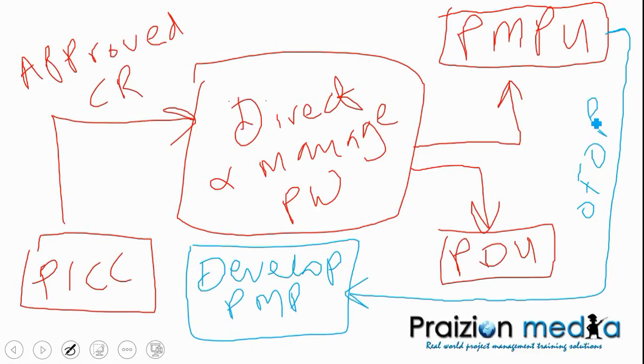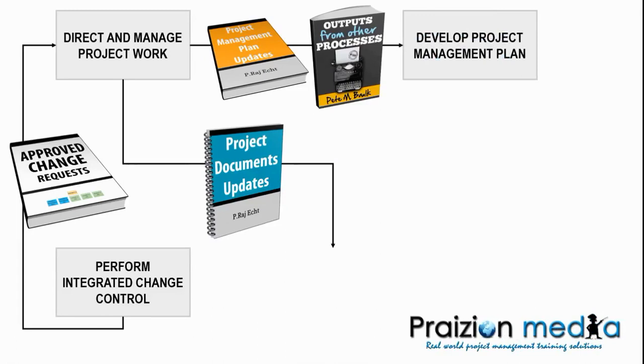I've just named it OFOP. So outputs from other processes, right, which consists of these project management plan updates, goes to develop project management plan. And that's where the project management plan as a whole gets updated. Everything that you can think of in the plan gets updated as a result of those outputs from other processes.